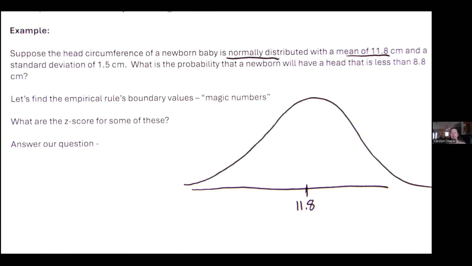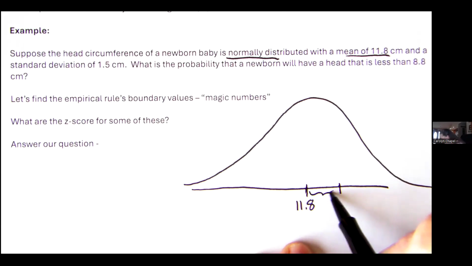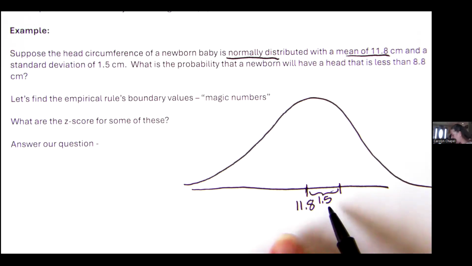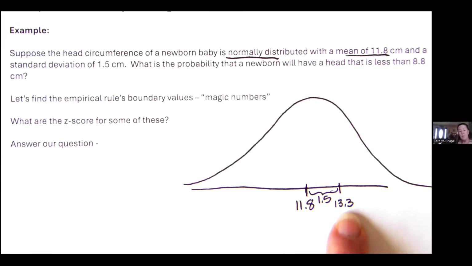Now I'm going to add and subtract my standard deviation to get that 68, the 95, and the 99.7 boundaries. Because if I go up one standard deviation, so I'm going up 1.5, if I take 11.8 and add 1.5, I get 13.3. That would be one standard deviation above.